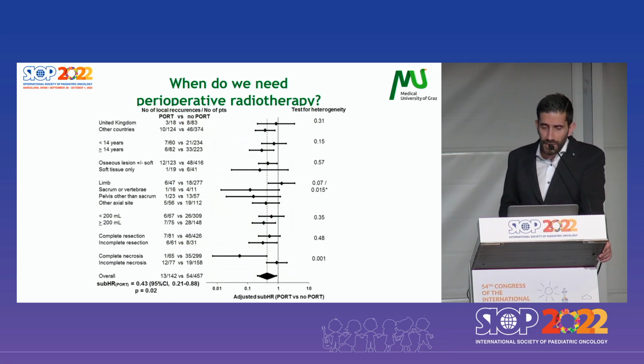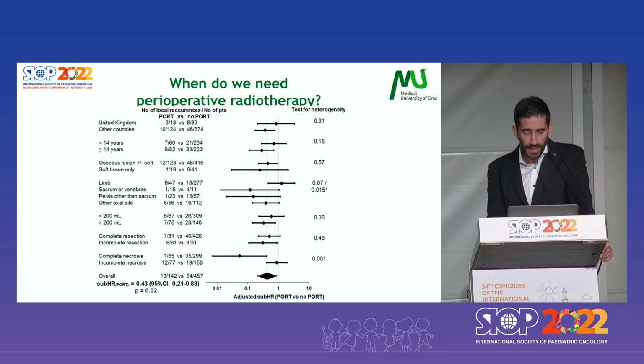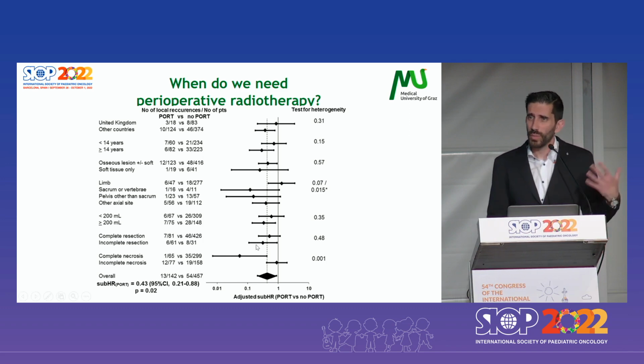And this analysis showed that additional radiotherapy to these standard risk Ewings with a good histological response to neoadjuvant chemotherapy appeared to be associated with a better local control compared to no postoperative radiotherapy. And the patients that appear to have benefited the most from postoperative radiotherapy were patients with a complete necrosis of the tumors. And this is actually something that we can understand.